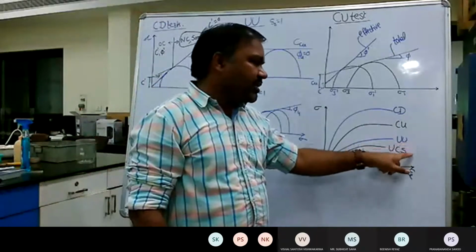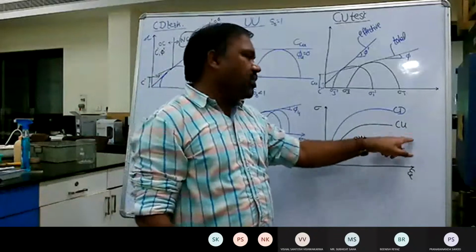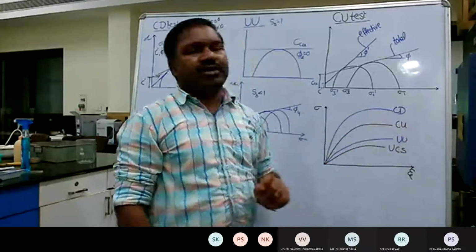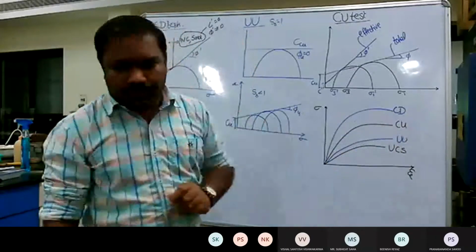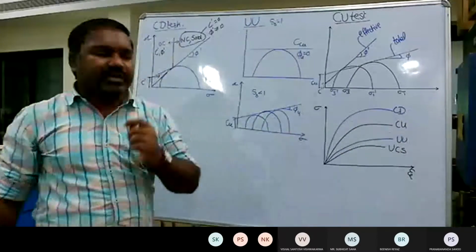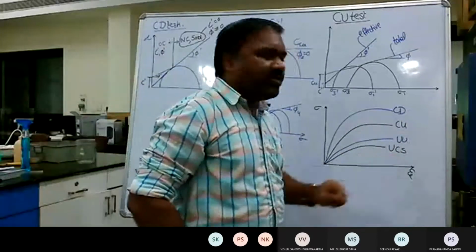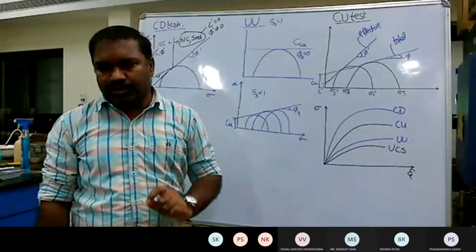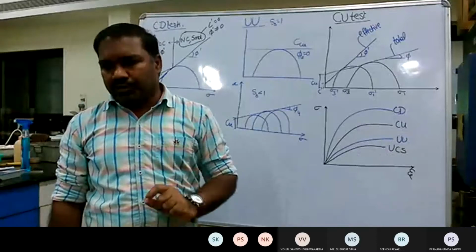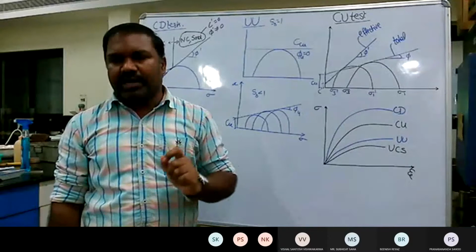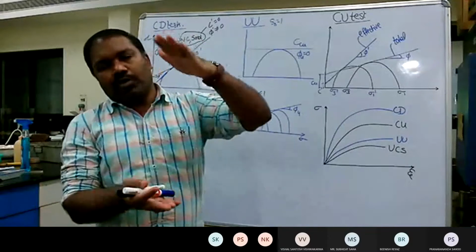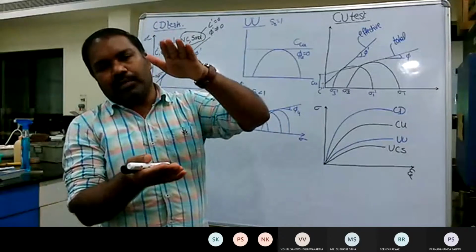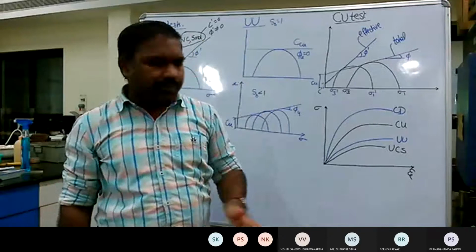Then UU always gives higher than the UCS, CU always gives higher than UU, and CD always gives higher than the CU. The reason is, what is the condition for UCS? Unconfined compressive strength, sigma 3 is literally 0. There is no confinement in the lateral direction, so the load that the soil sample can bear is much lesser.